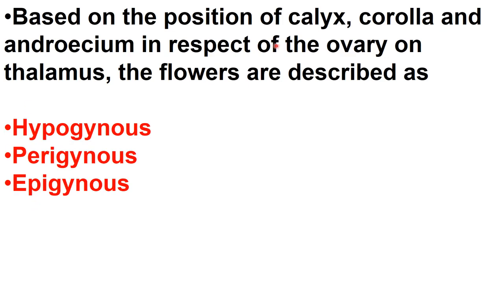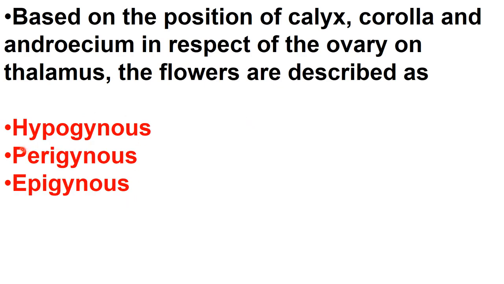So based on the position of calyx, corolla and androecium, these are parts of flower, in respect of the ovary, that is part of gynoecium. Okay, on the thalamus, the part of flower, thalamus. So the position of these different parts on the thalamus with respect to ovary, on the basis of that, flowers are described as these three types.